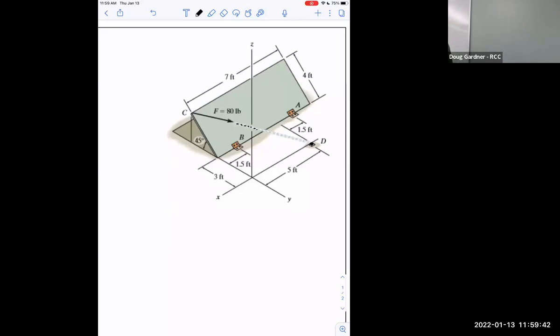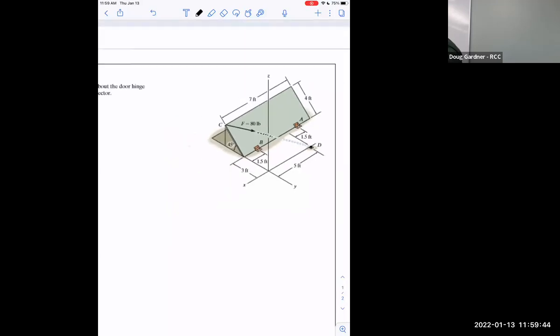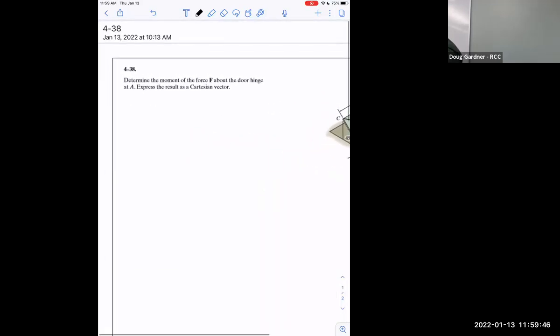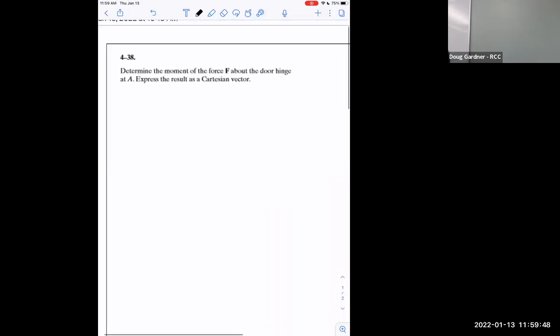But notice this question is actually asking the same thing it asked before, which is determine the moment of the force around just A, like just around that hinge alone. Which again, it's kind of a weird question. We're actually going to reconsider this in a second, around AB, the entire two hinges combined.